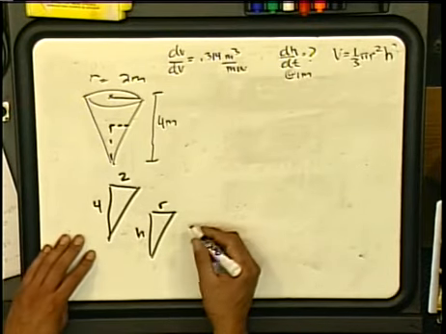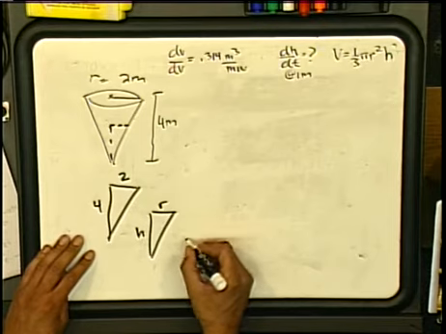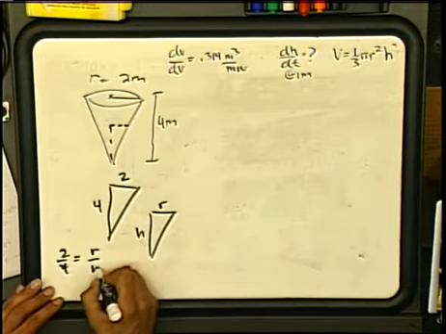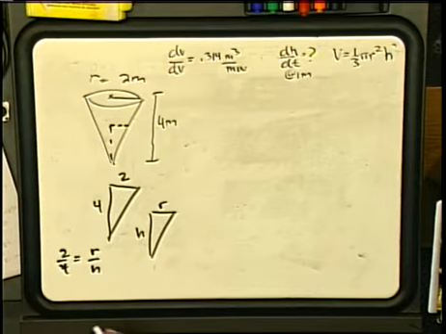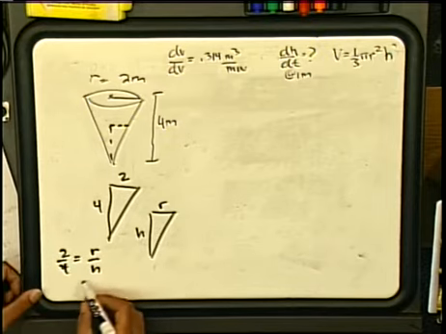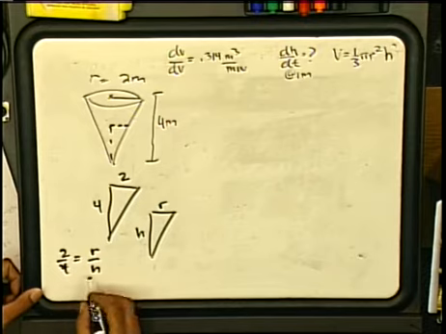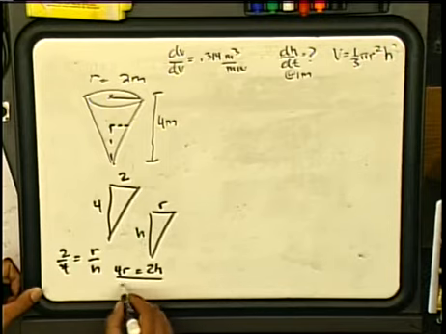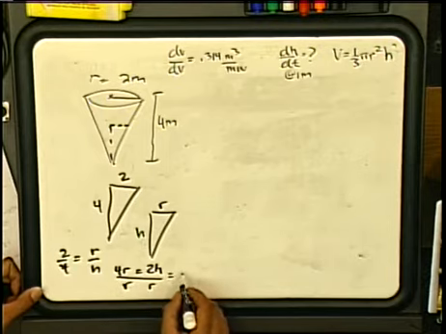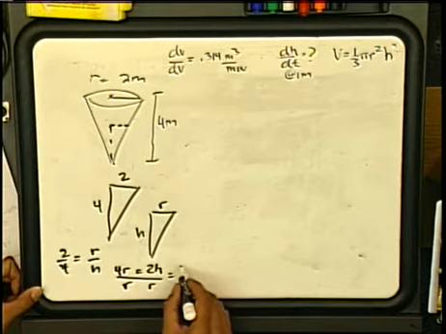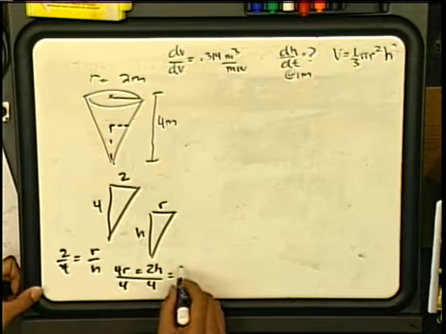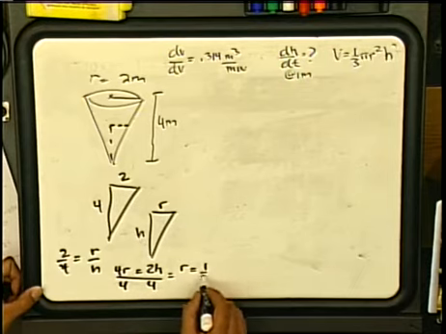We're going to relate these cones to each other again. So 2/4 equals r/h. We want it in terms of r, so cross multiply. 4r equals 2h. Oh, sorry. r equals 1/2 h.